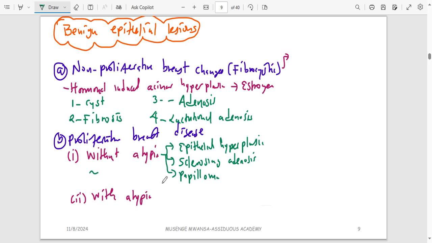Now, the proliferative breast disease without atypia is a predictor. When you have got these conditions here: papilloma, sclerosing adenosis, or epithelial hyperplasia, it is a predictor of risk, but it does not mean that someone is going to have cancer later on.